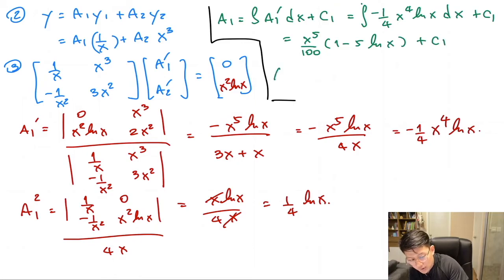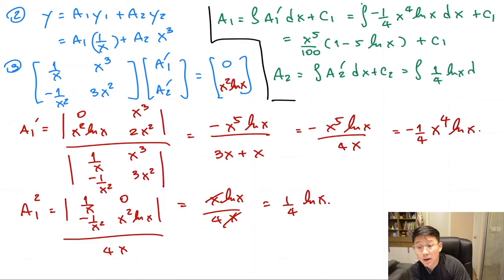And a2 is integrate of a2 prime dx plus c2, and that would be integrate of 1 over 4 log x. This is integration by parts, right? If you remember. Okay, you can try them. It's integration by parts. So here what you have is x over 4 times log x minus 1, plus c2.